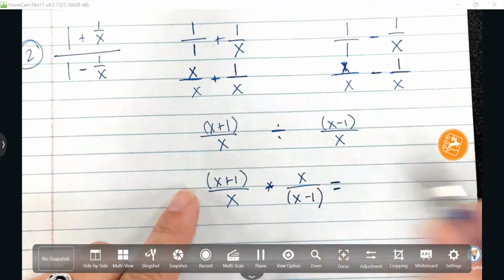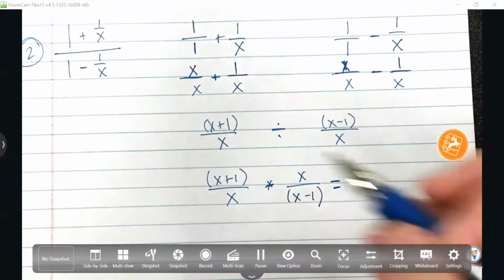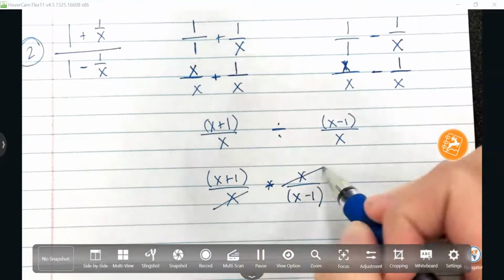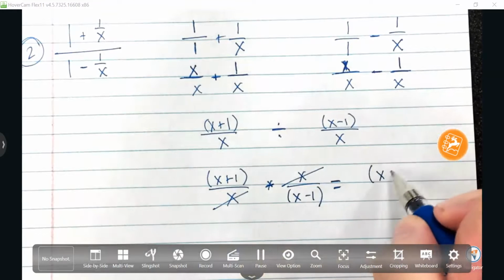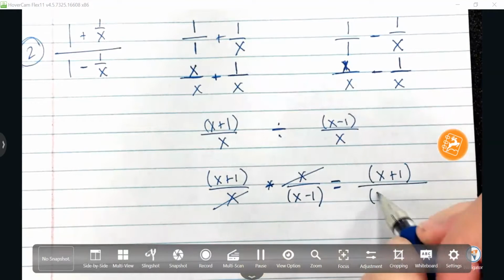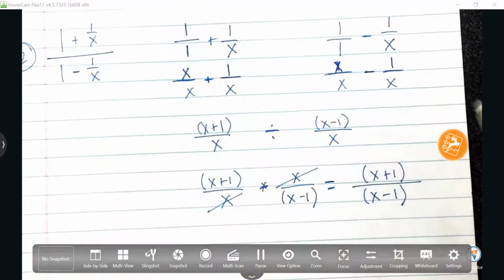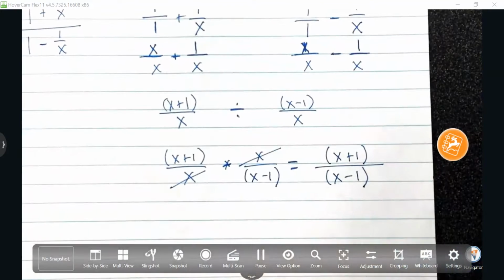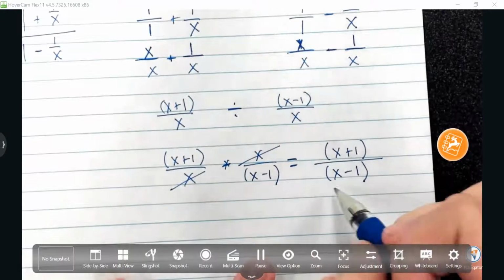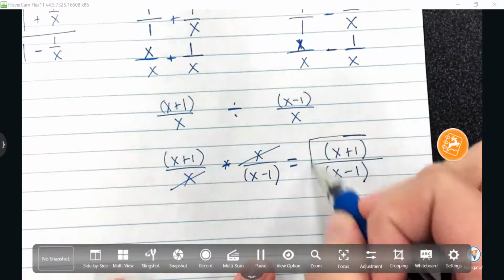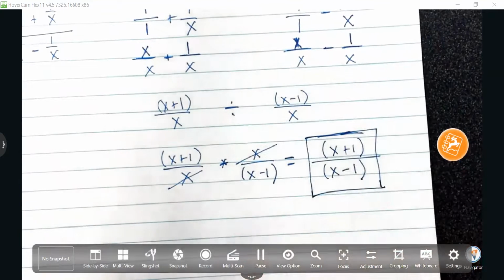What do I notice can happen here? My x's can cancel. So I have x plus 1 over x minus 1. Can those x's cancel? Why? They're connected with a plus or a minus sign. Very good. Questions?